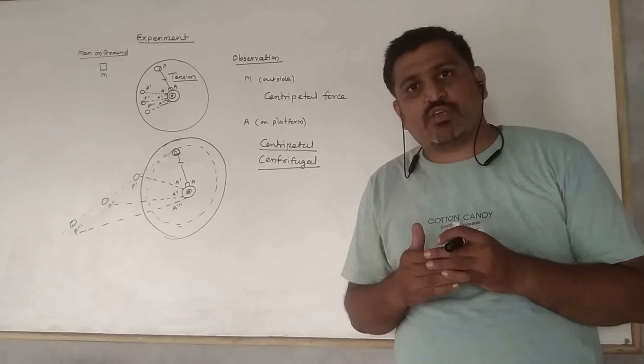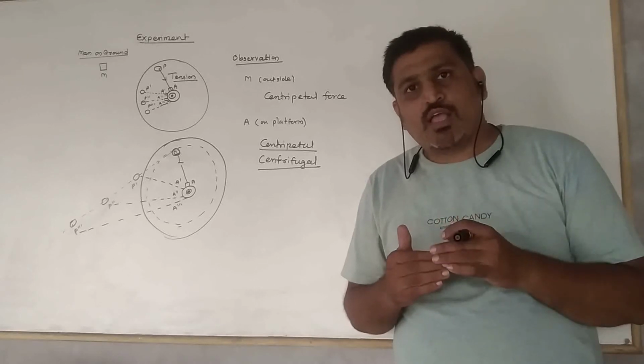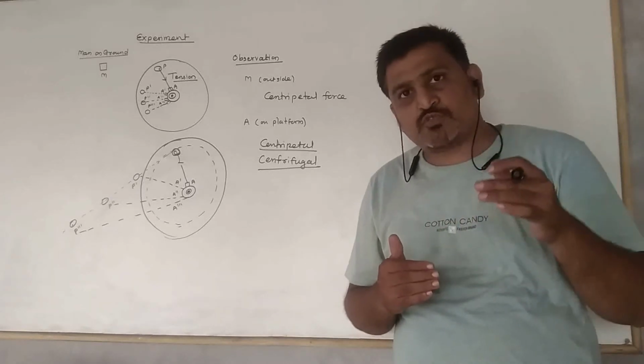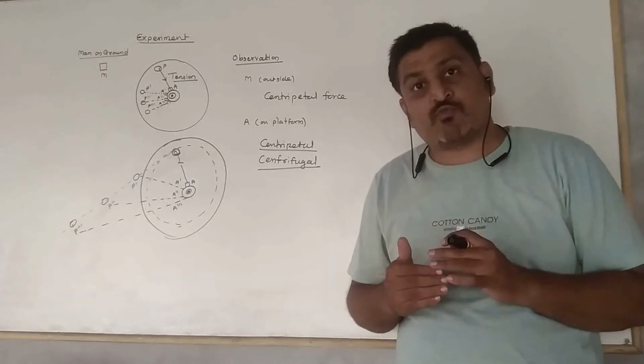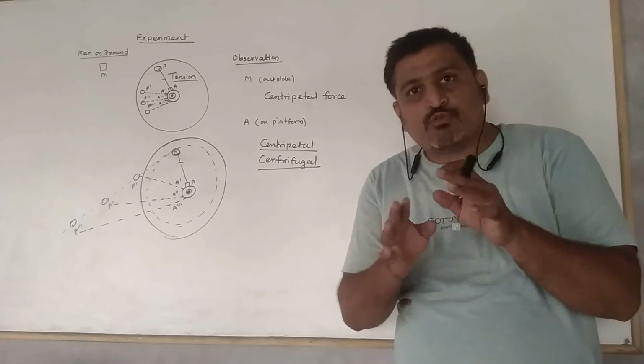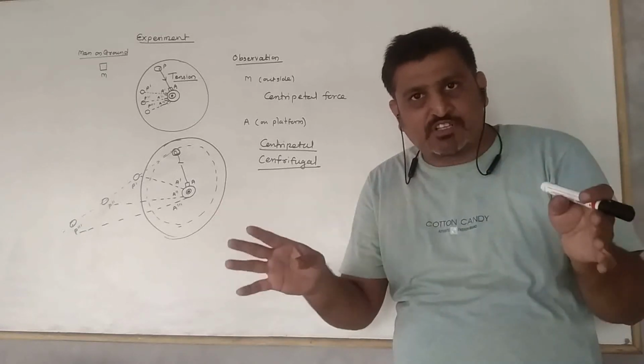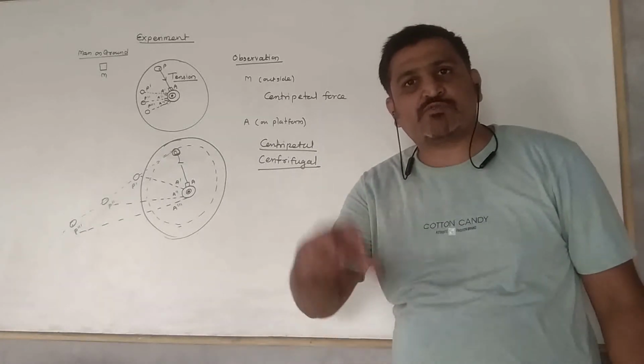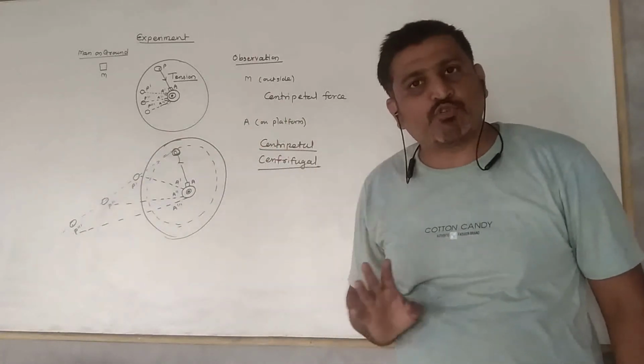And second, a force opposite in direction to the centripetal force is acting on it. Due to that, the net forces cancel each other, and the net force, if we calculate, becomes zero. And for that reason, we can see the ball at the same position.